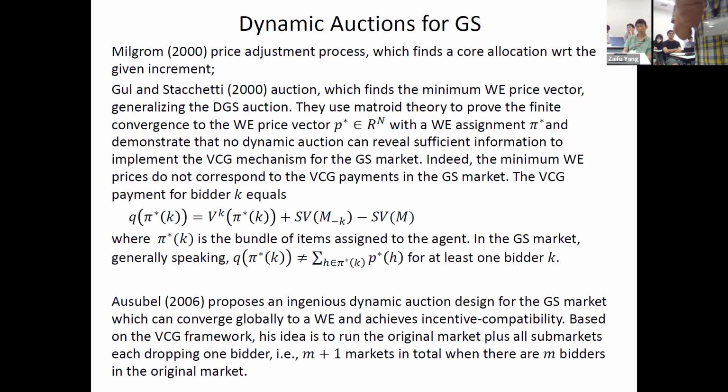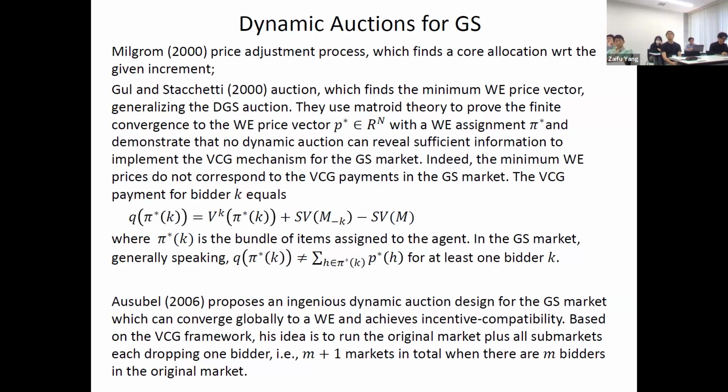So it generates the DGS auction. They prove the finite convergence by using matrix theory. And they also show that no dynamic auction can extract enough information to implement the VCG mechanism for the GS market.